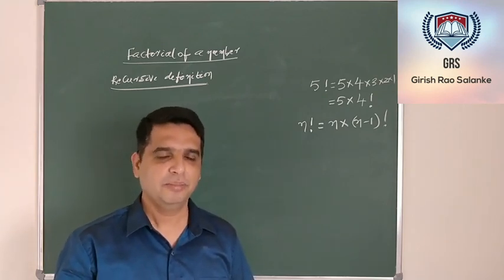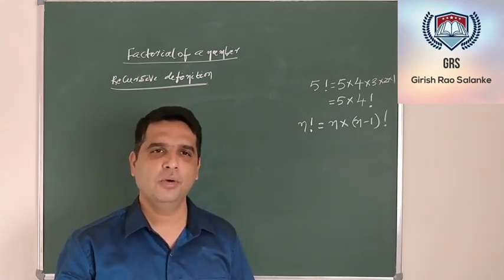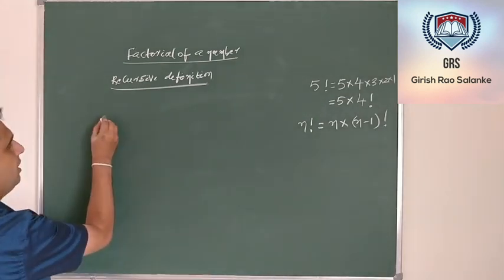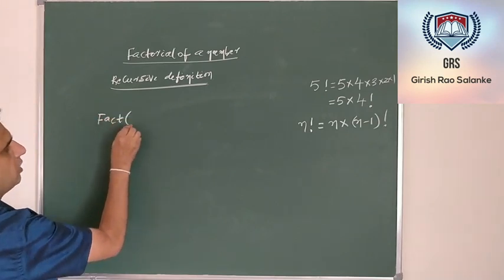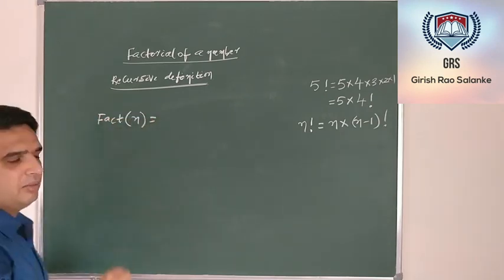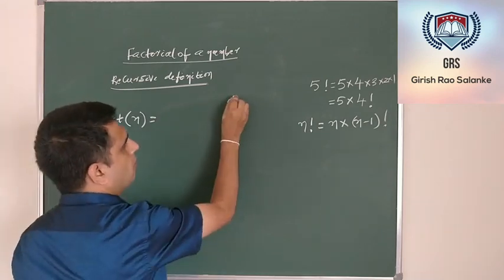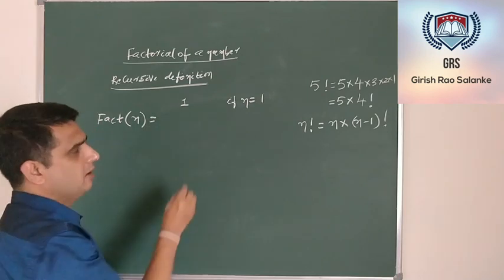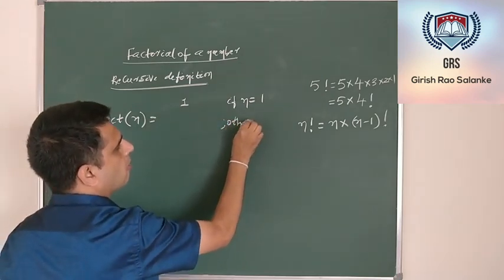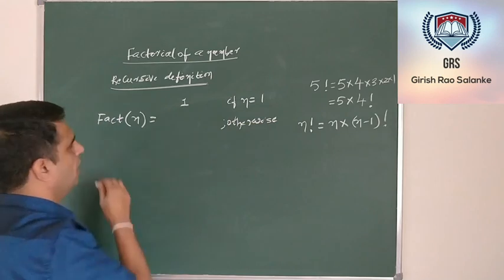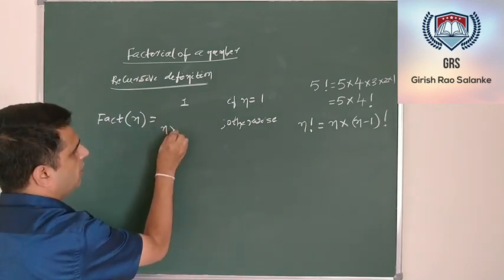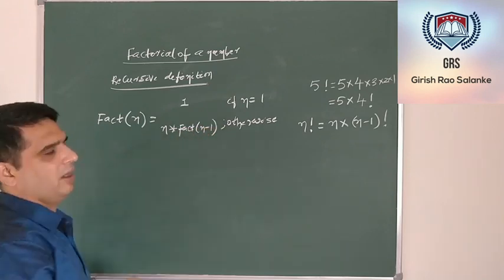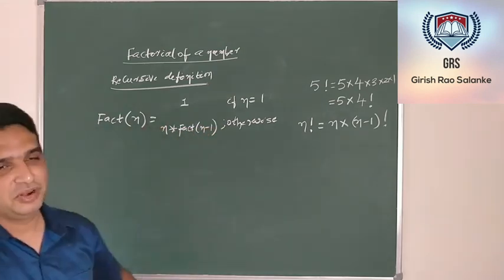Here I can take the base case as n equal to 1. If n is equal to 1, the factorial will be 1. So I can write the recursive definition as: fact of n is 1 if n is equal to 1, otherwise fact of n is n multiplied by fact of n minus 1. This is my recursive definition.